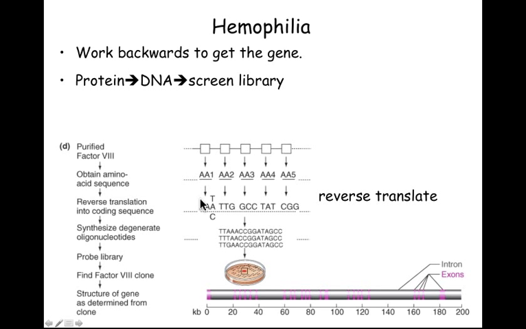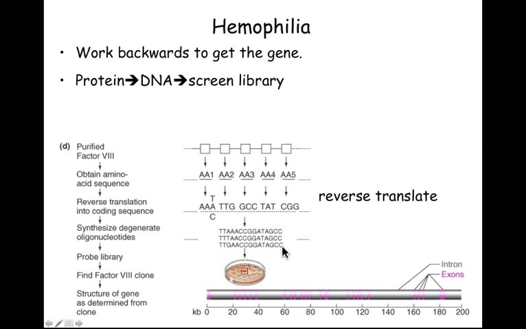Again, we're synthesizing millions of molecules at the same time, so some of them would end up with a T as the next base, some would end up with an A, some would end up as a C. And then we go back to single nucleotide sequences with T, T, G, G, C, C. So what you end up with is a population of oligonucleotides which would all encode this particular protein sequence.